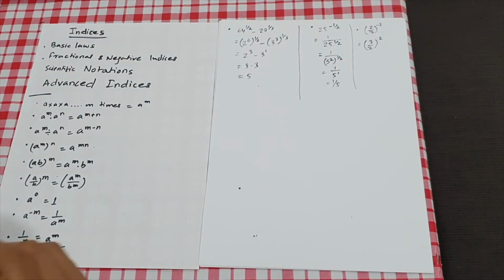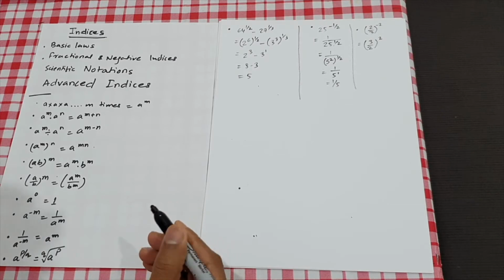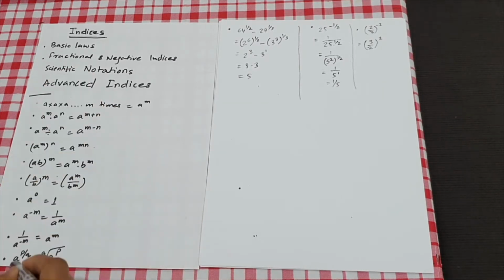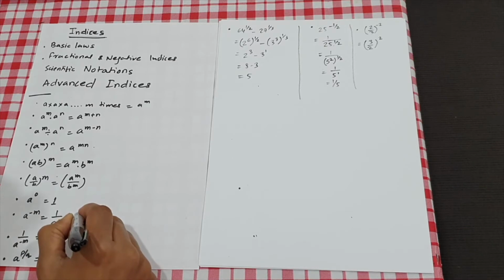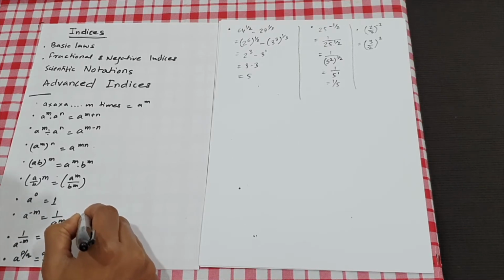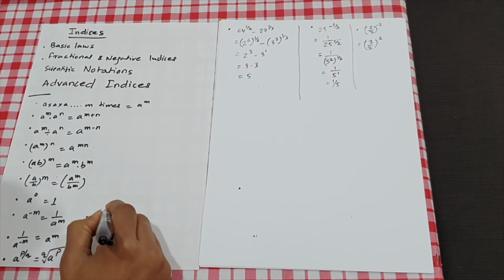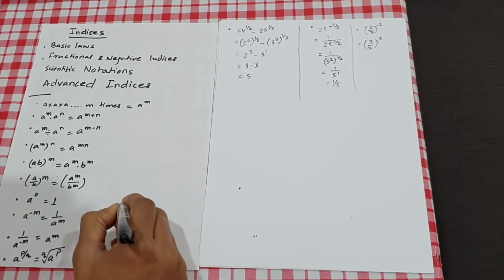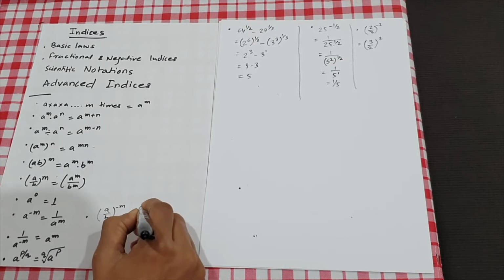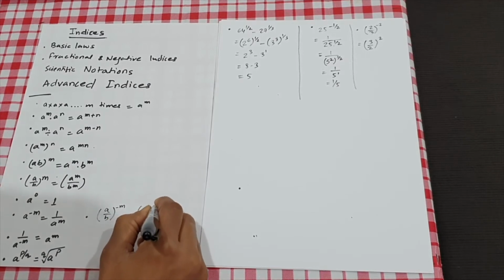This is very, very useful. I will in fact write it in this list of indices so that it is ready for you when you want to use it. As an extension of this, if you have a by b to the power minus m, you can use it as b by a to the power of m.